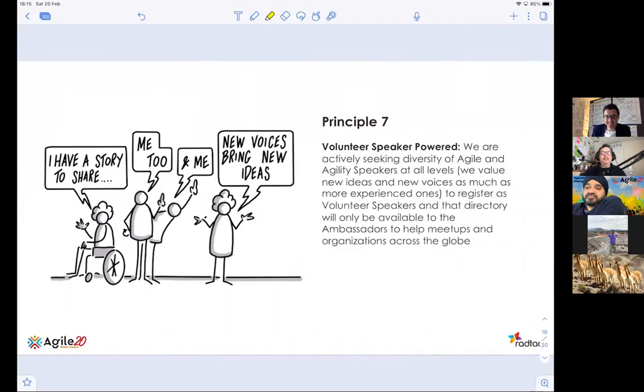Okay. This is a trickier one, because one of the problems that the ambassadors had was many of them were new to Agile, especially in African countries, and they didn't really know who the speakers were, and they didn't know what the connections were with the speakers. So the idea of having a list of people that wanted to speak was a kind of marrying thing.